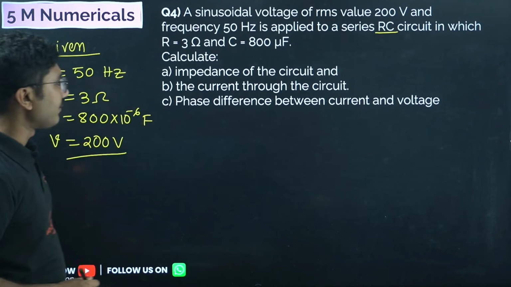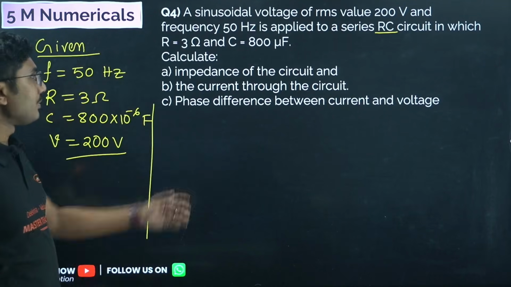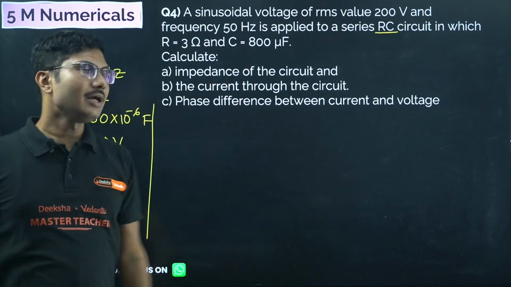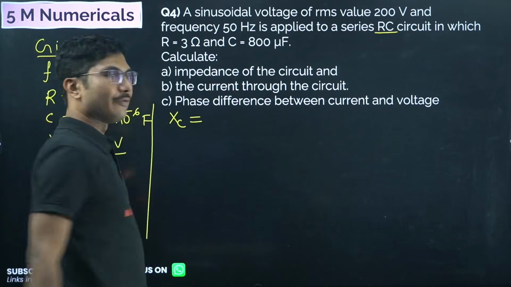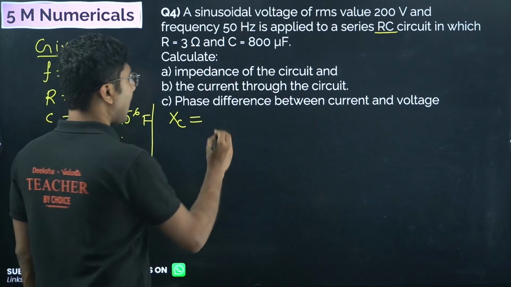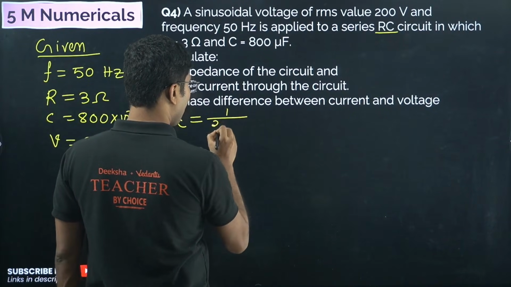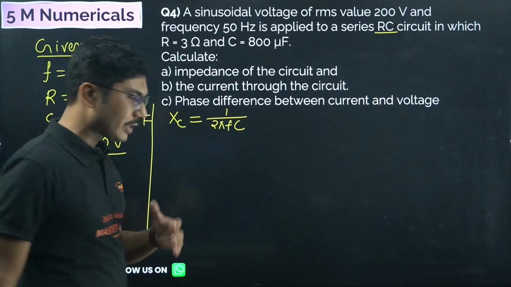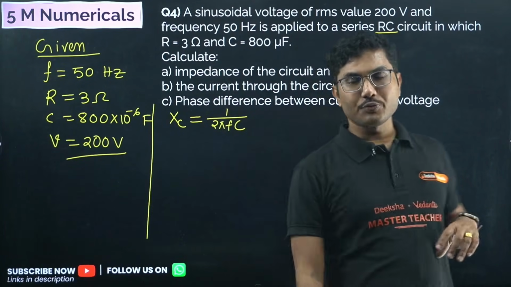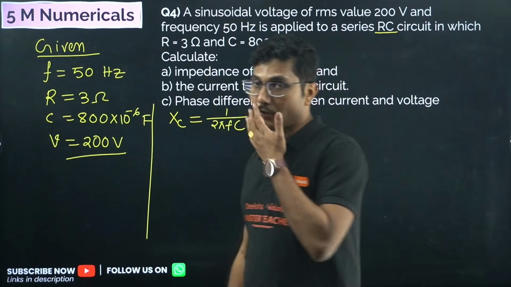So these are the given values, and because they ask for impedance directly, the first stage is to calculate XC. No L over here, so only XC is sufficient, and the formula is again 1 by 2 pi F into C.